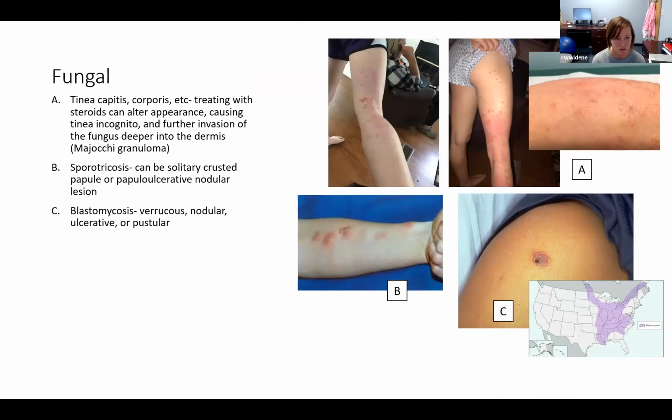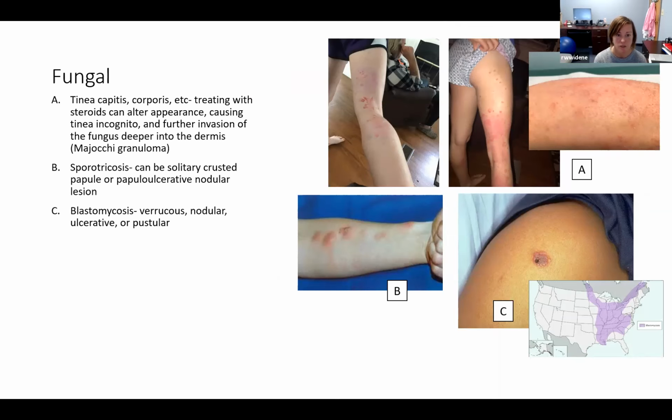I got fungal, I just wanted to mention these three fungal ones. I think Dr. Norton tomorrow is going to talk about tinea, but I had a really quick case for tinea that I wanted to plug because it's a very nice little pearl.